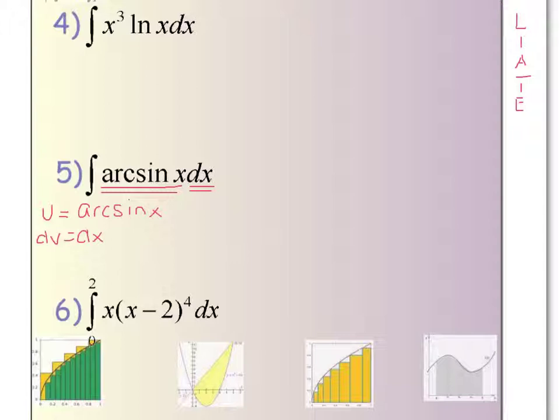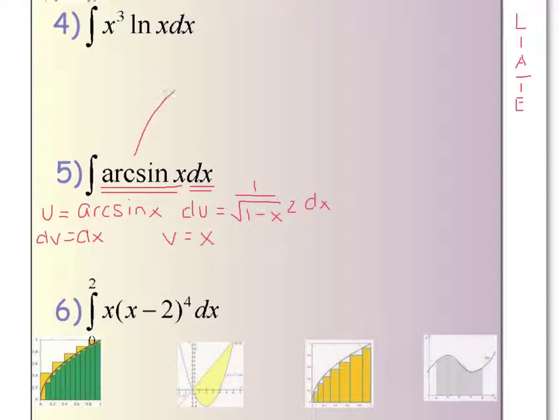If u is arcsine of x, du, you all remember what the derivative of arcsine is? That's right, it is 1 over the square root of 1 minus x squared dx, of course. And v is equal to x in this case.